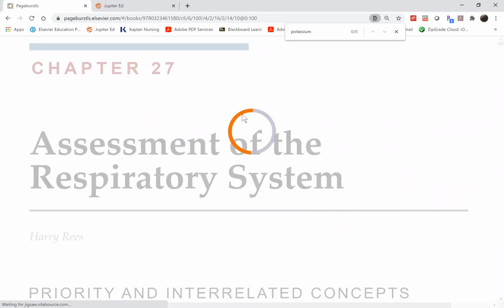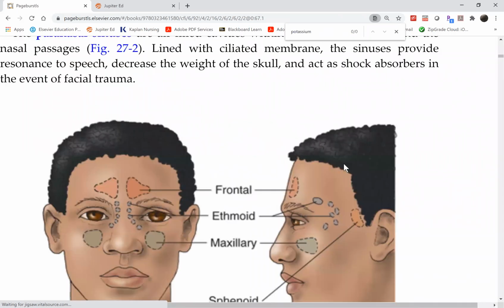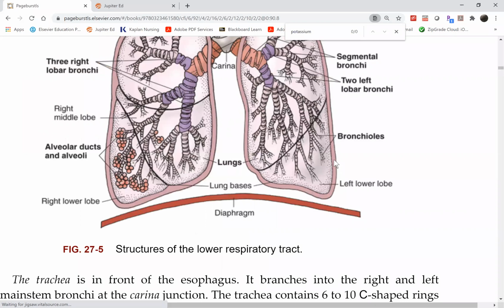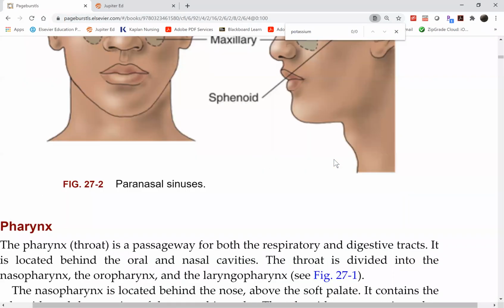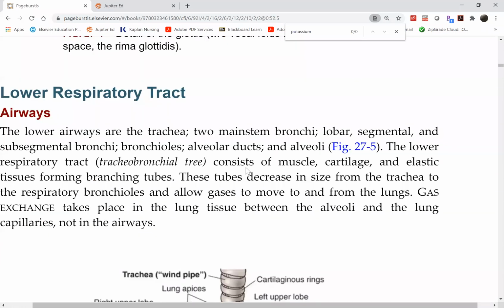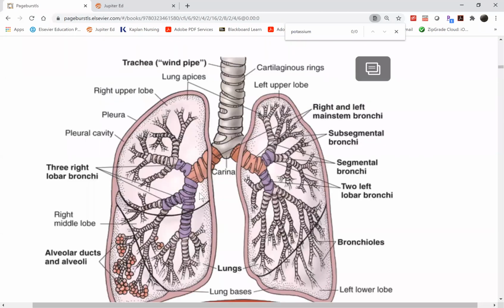If you look at the structure of the lower airway, here we have a little illustration. On the right lower lobe is the only part where they pictured the alveoli, those grape-like clusters. Each lobe will have those structures.